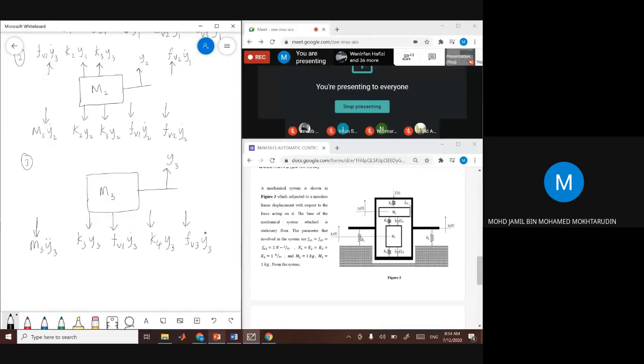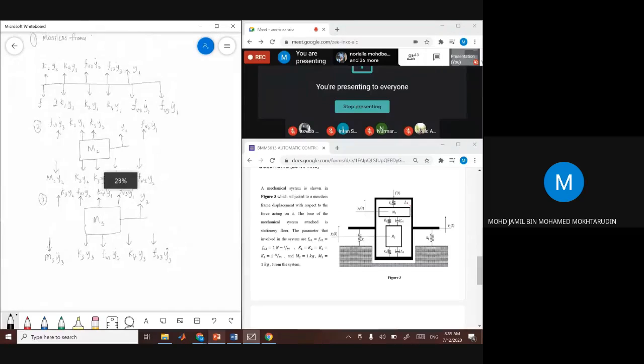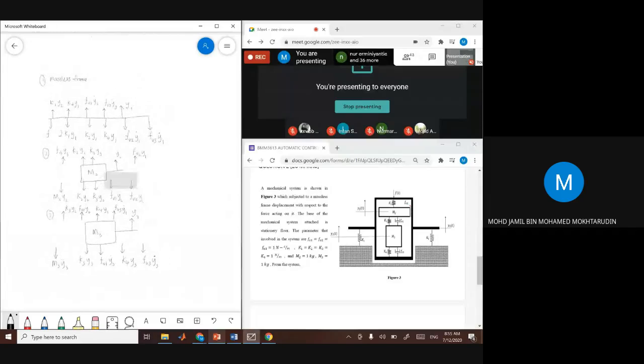And then K3 is connected to Y2, FV1 Y2 dot, K4 Y1, FV3 Y1 dot. How many marks is this? 15.